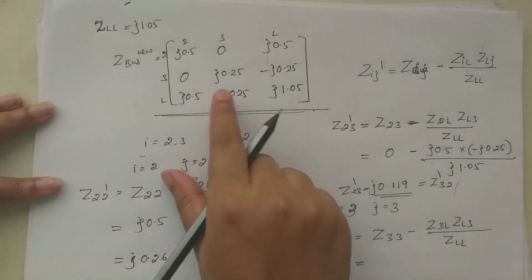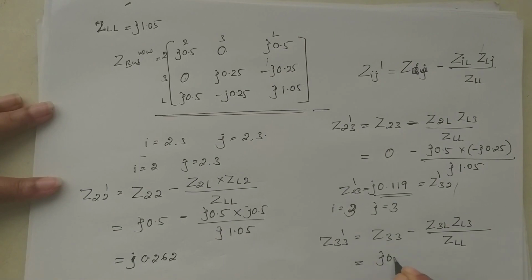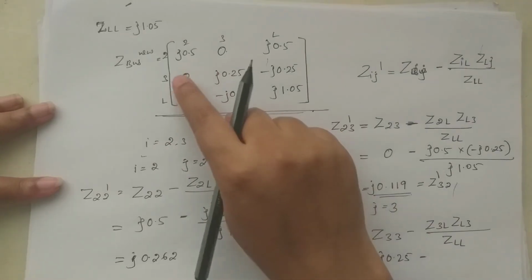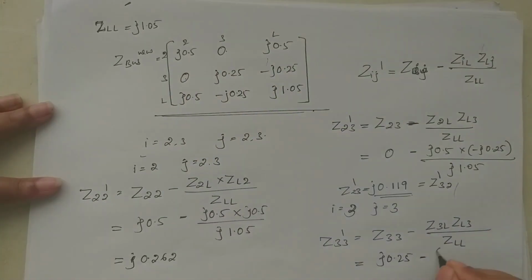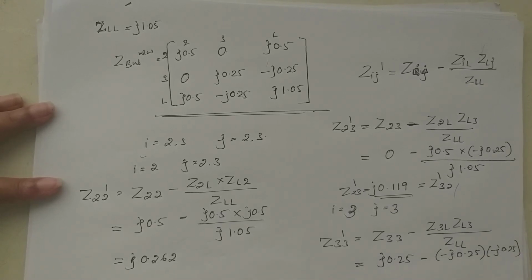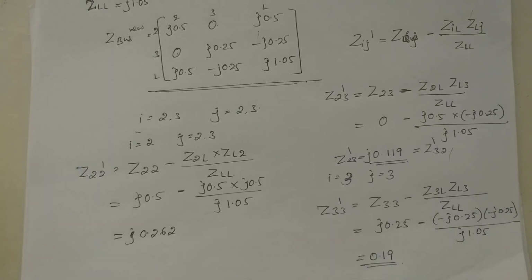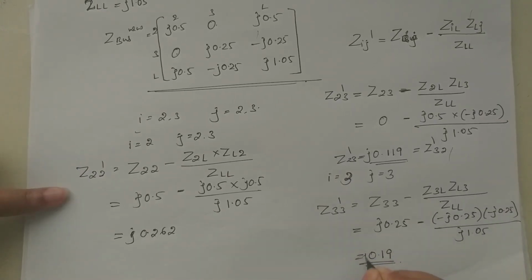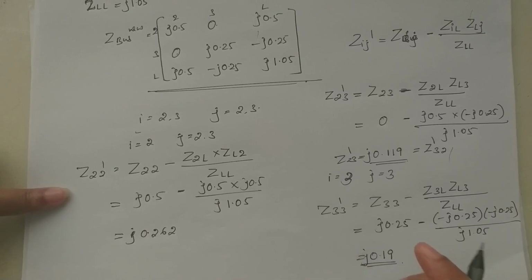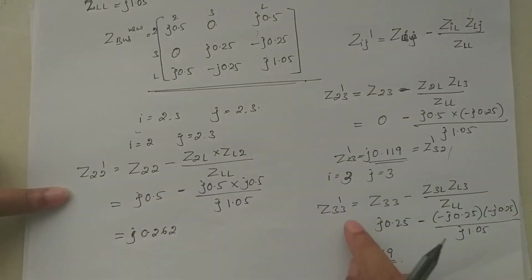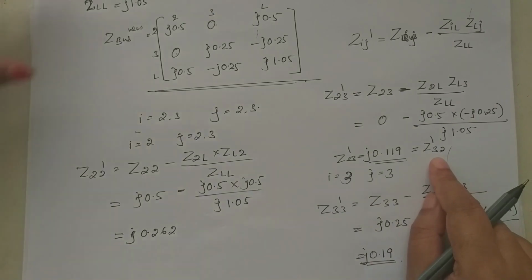Z33 value is j.25 minus Z3L value, minus j.25 into minus j.25, whole divided by j1.05. On solving we get j.19. We got Z22 dash, Z23 dash, Z33 dash as well as Z32 dash.